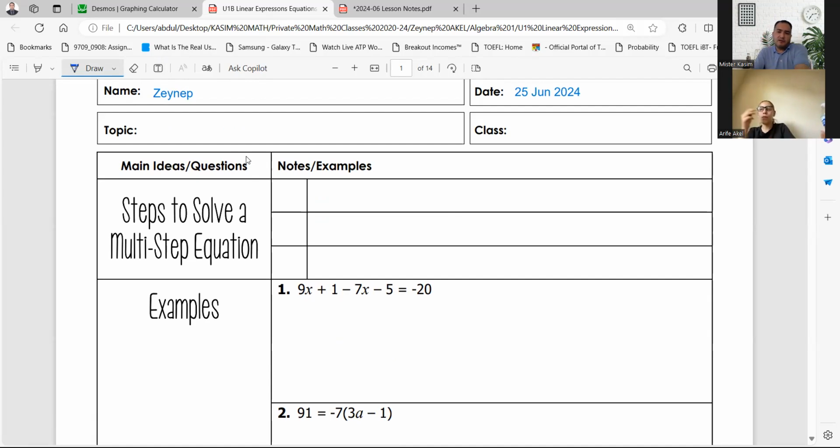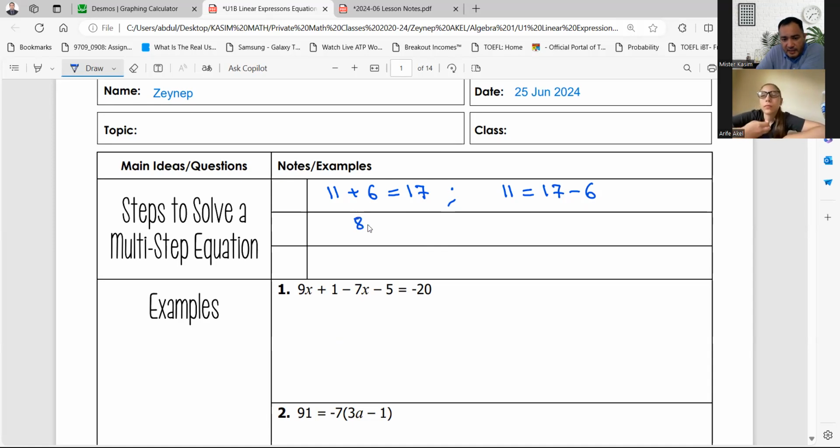And second thing, Zainab, if you remember, for example, 11 plus 6 is equal to 17, right? If I move the 6 to the right-hand side, I can write it as 11 is equal to 17 minus 6, right? If 6 changes side, to the right-hand side, it becomes minus.